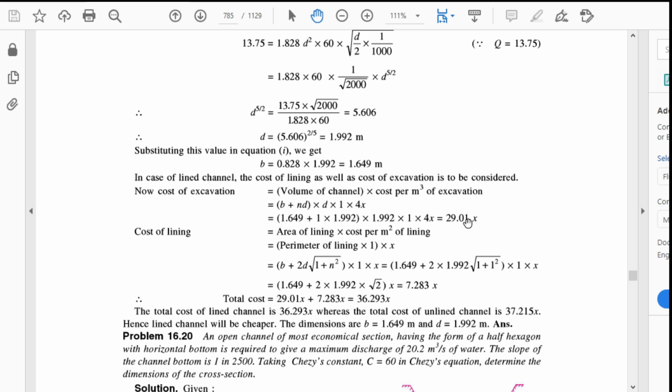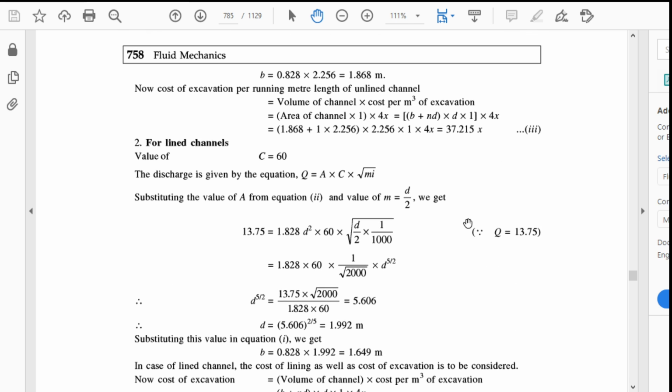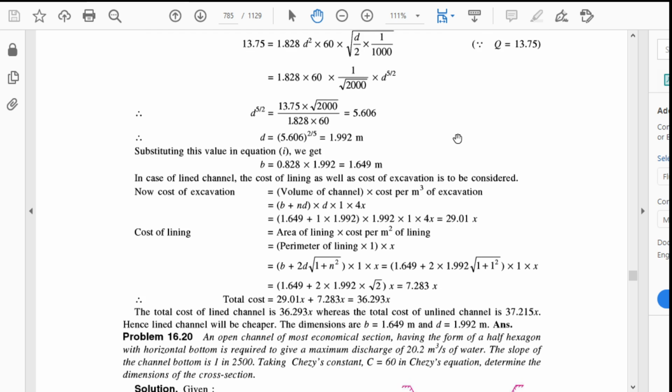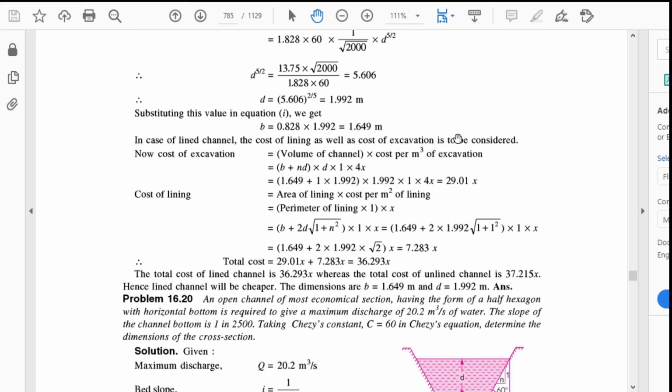As we can see, for the unlined canal the cost of excavation is somewhat higher, 37 times x, and here the cost of excavation comes out to be 29.01 times x.